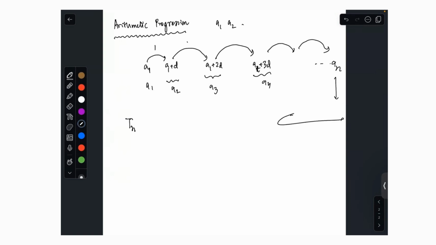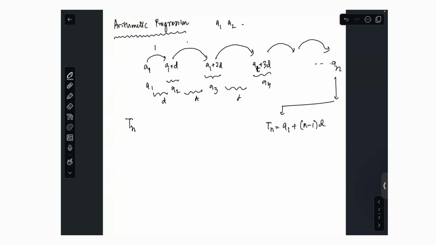Let's say you want to model something in some real life situation. Here the hopping is constant. How do you model the hopping? The consecutive difference Tn minus Tn minus 1 is D. Simple. And it starts with T1 is A1.